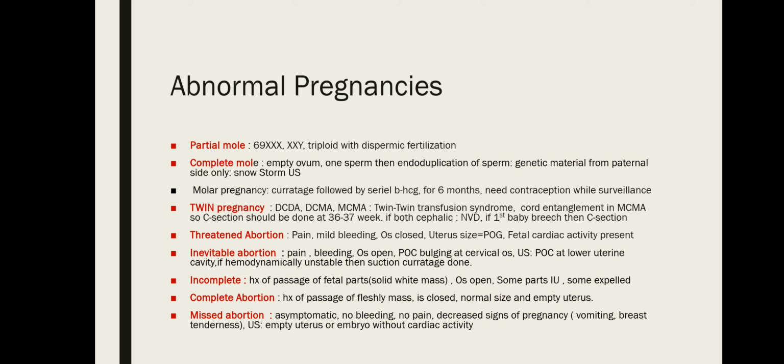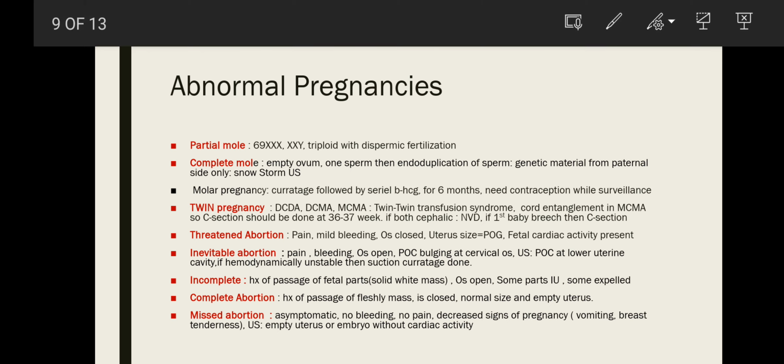If it occurs late, then it will result in single amnion and single chorion. The monochorionic diamniotic one is associated with twin transfusion syndrome, and monochorionic monoamniotic is associated with cord entanglement. So we need to do C-section early, like 36 to 37 weeks, due to the risk of cord entanglement.